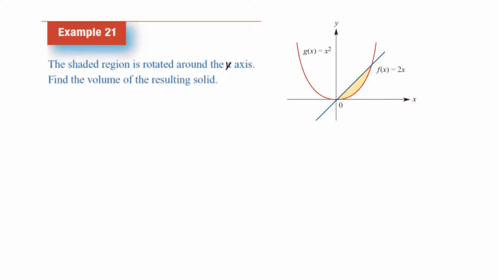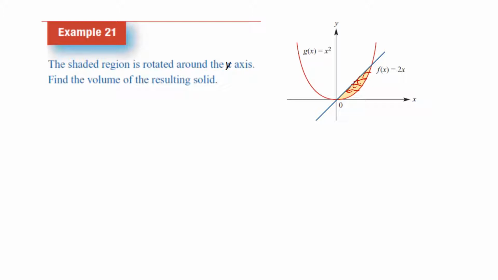So I'm thinking about integrating it in this manner. You can see in this particular case, the upper function is the squared function and the lower bound function is the linear graph.